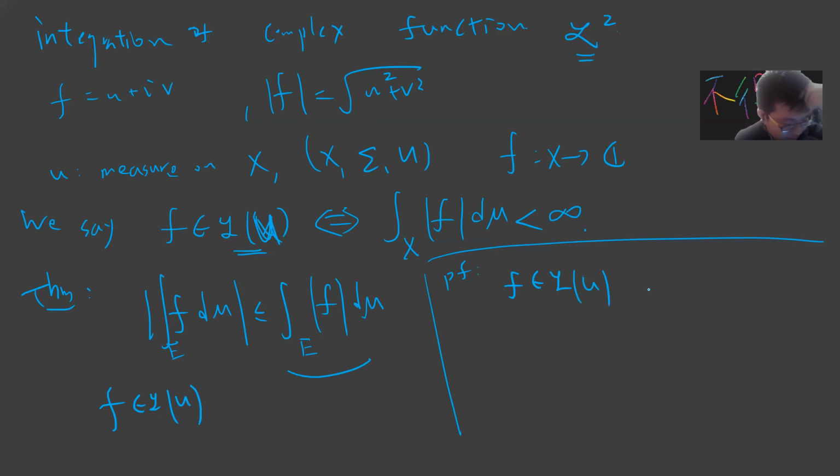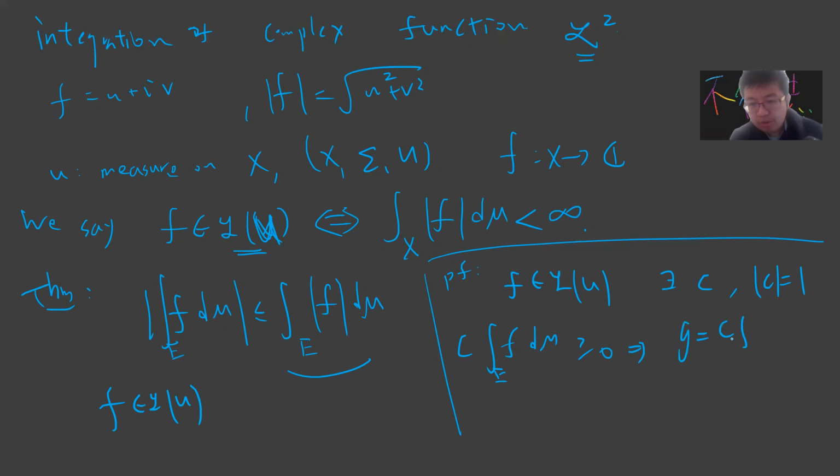So if f belongs to L1, then you can find a complex number c such that its modulus is 1 and the integral of c f d mu on E is greater than or equal to 0. You can check this is true using elementary junior high school mathematics. So you can put g equals c f. This may be complex, but I can find another number which cancels its complex part and makes it positive.